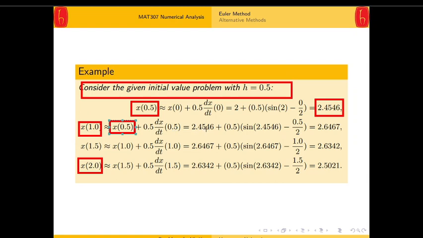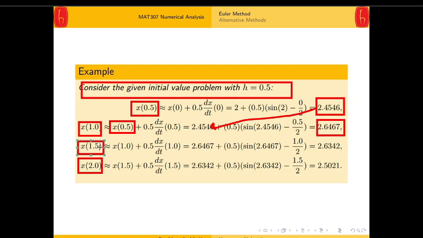This will be copied from the previous solution, and we evaluate the function at t equal to 0.5 and x equal to x of 0.5, which is also given here. Then we obtain this approximation to x of 1.